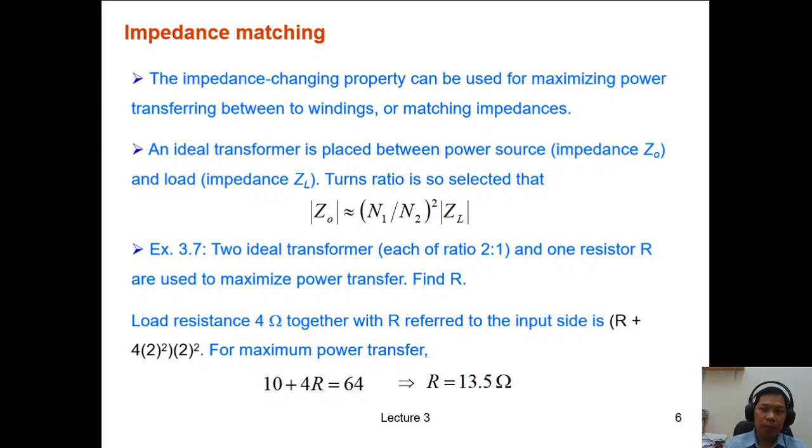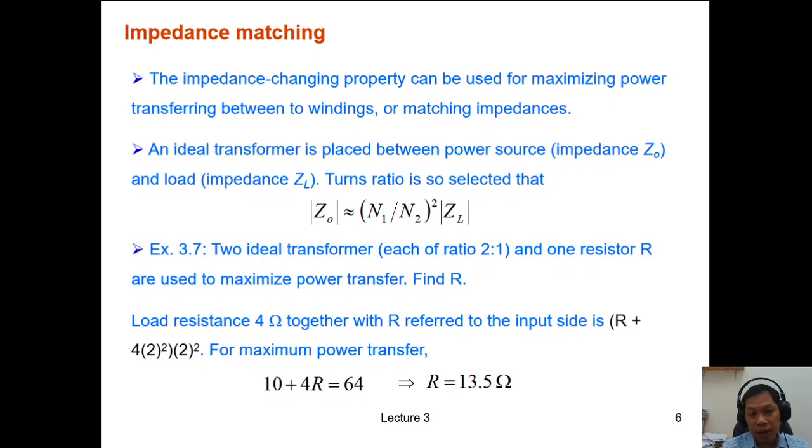However, in practice, they are not the same. So we can fix that problem by using a transformer. We put a transformer between the source and the load ZL, and convert ZL into a squared ZL.